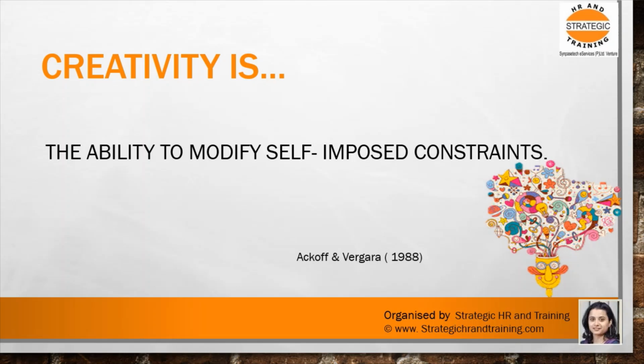Creativity, as I have come to understand it, is the ability to modify self-imposed constraints. When I say self-imposed constraints, what I mean by it are the answers that we give ourselves, what we tell ourselves, or what the people around us tell us for not thinking out of the box. Some of the common self-imposed constraints I have seen people living with are: I'm not the creative type, I don't have the time, not in this environment, it doesn't work in my organization, this is not how we do things here.